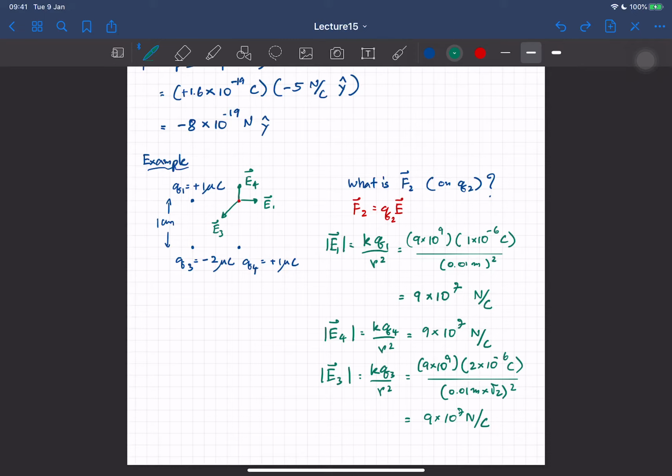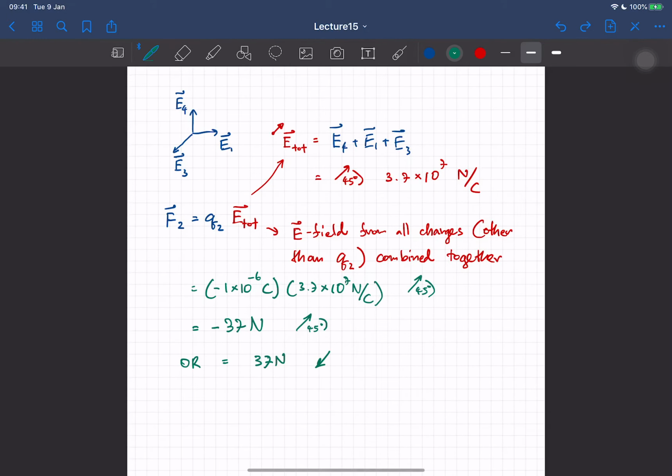So those kind of offset each other. So this is E3. Is that okay? Okay, cool. So you got the same answer as what we got last time, which is good because that's the way it should be.